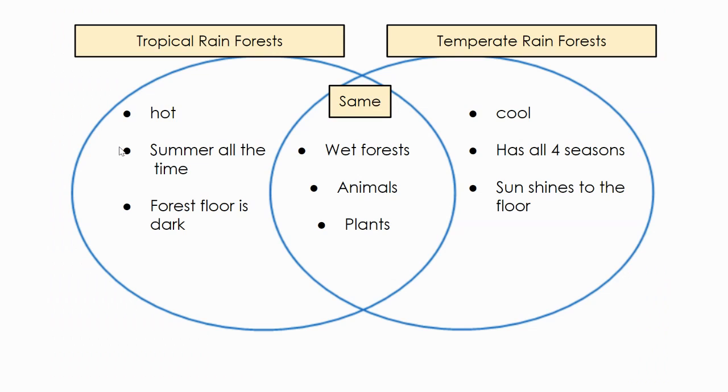So this shows me that it is something that is different. The sun shines to the floor for a temperate rainforest. You can see there I added one more bullet to our list under temperate rainforests. You can pause as you write it down.